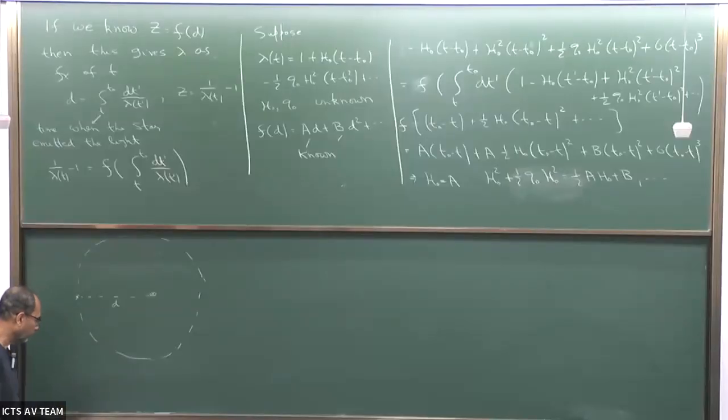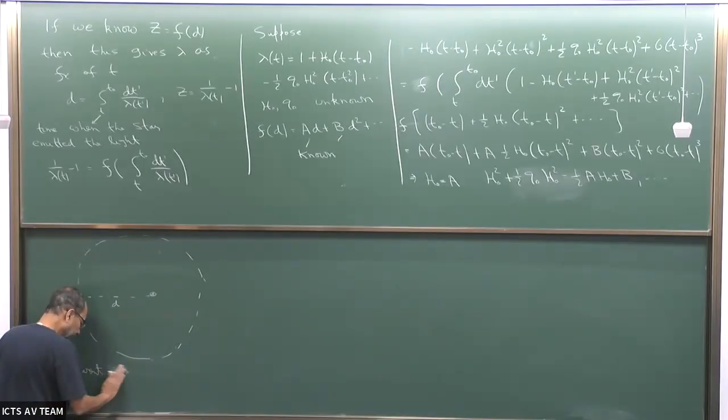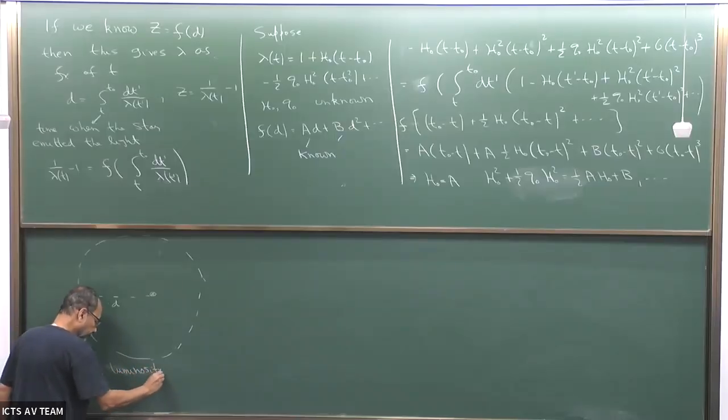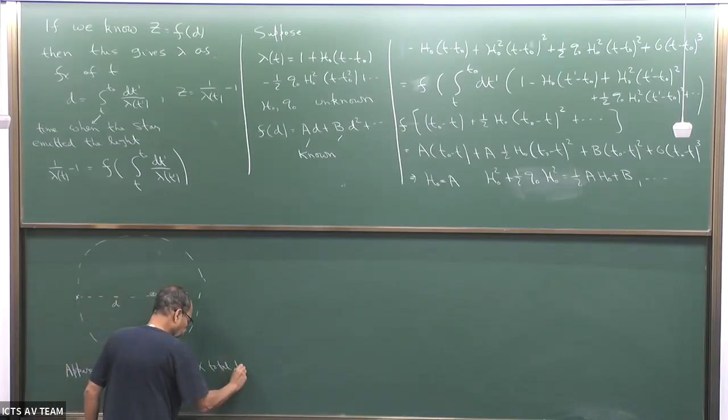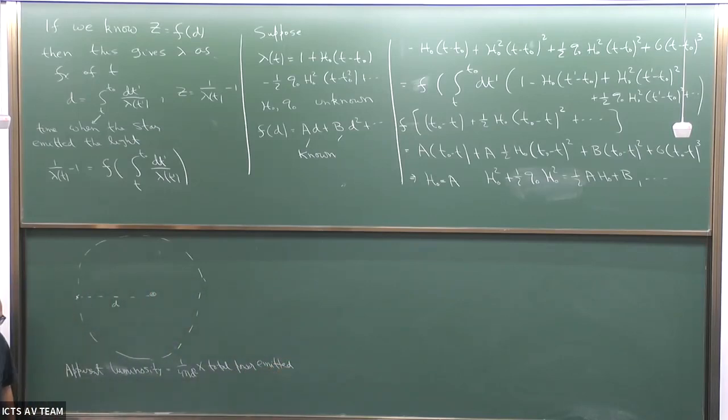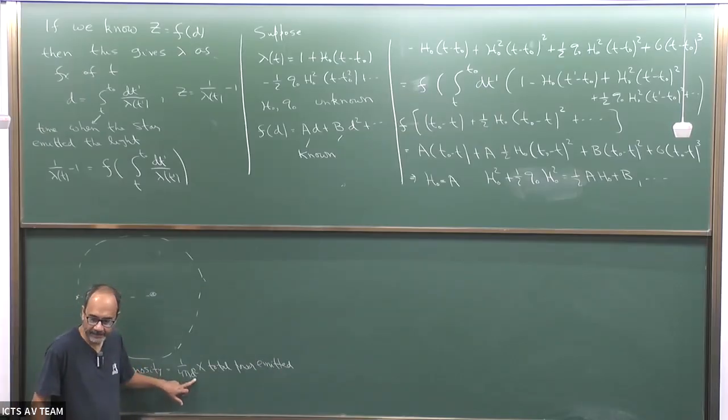So the apparent luminosity is 1 over 4 pi d square times the total power emitted. If you already know the total power emitted because it's one of the standard objects, like type 1 supernova, which you can measure, then you can estimate D. That's the way you typically estimate D.